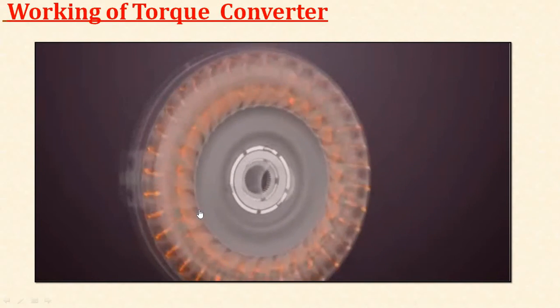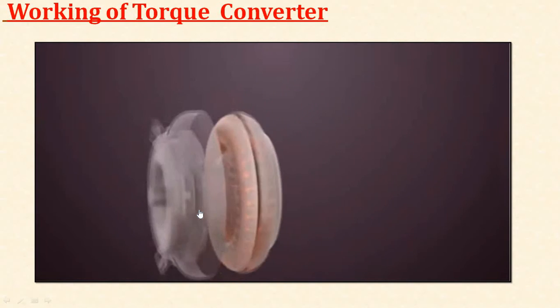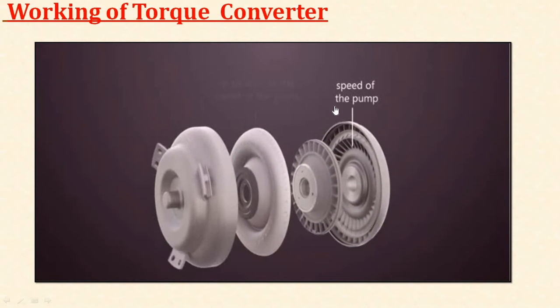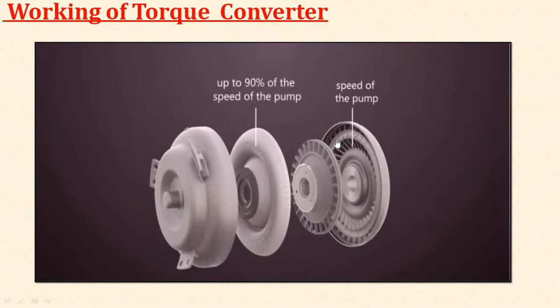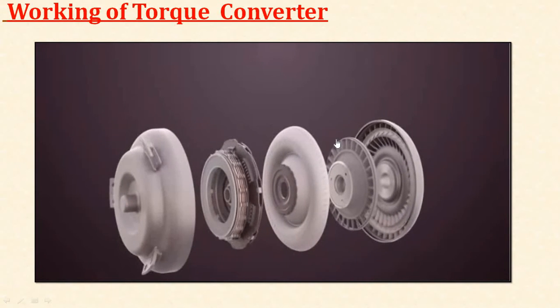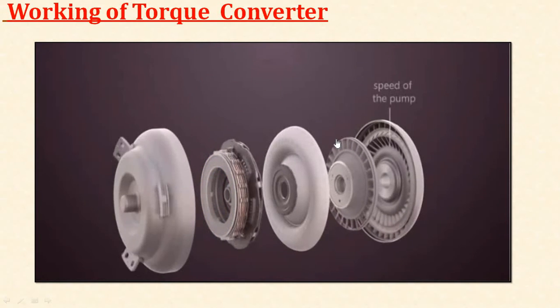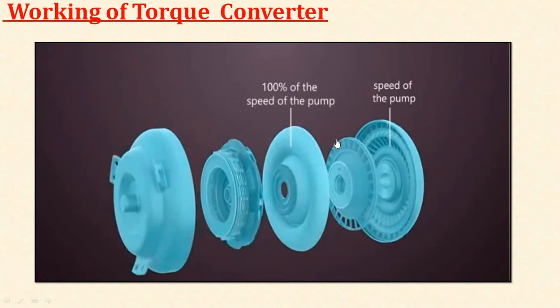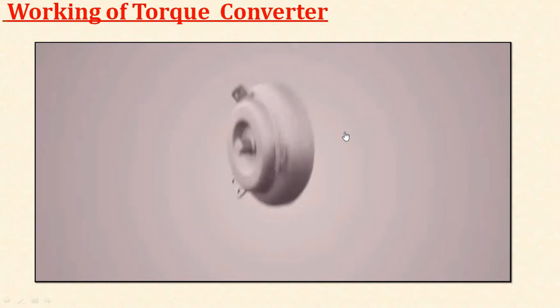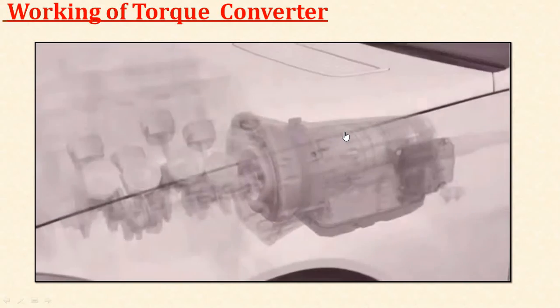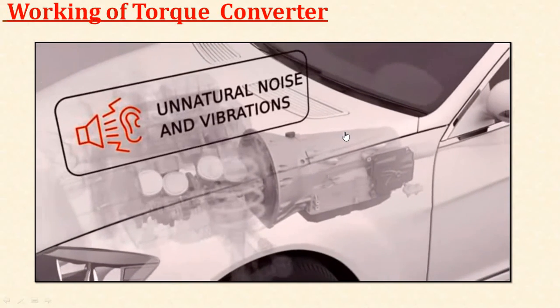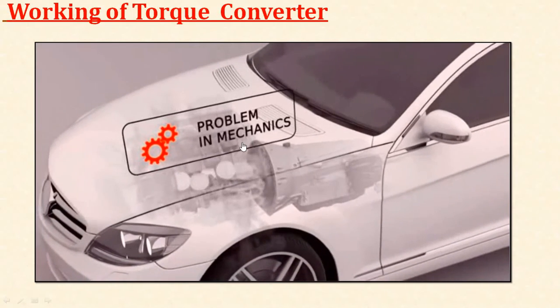Then the impeller throws the oil back into the turbine at the outer edges, and this repeats continuously. The pushing of the turbine blades causes the torque to increase. This phenomenon is called torque multiplication, and it must be remembered.